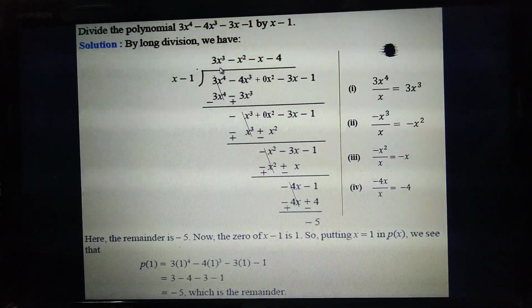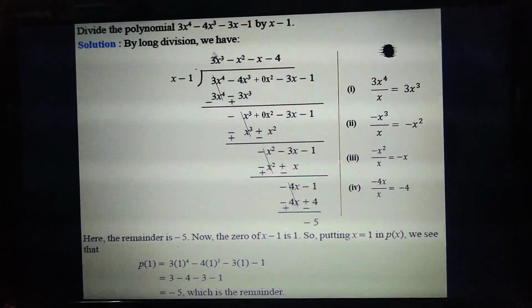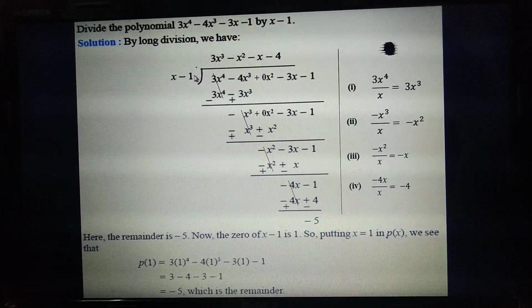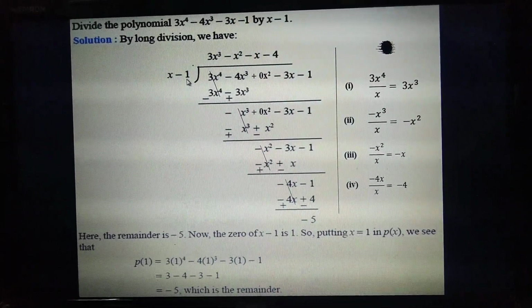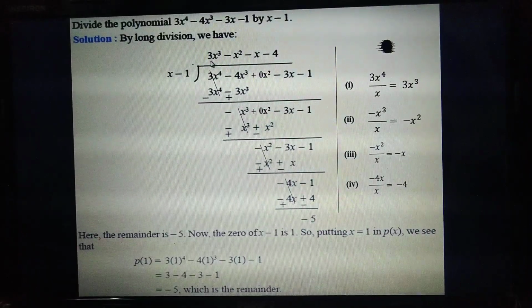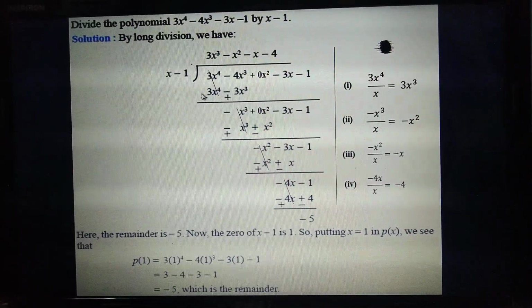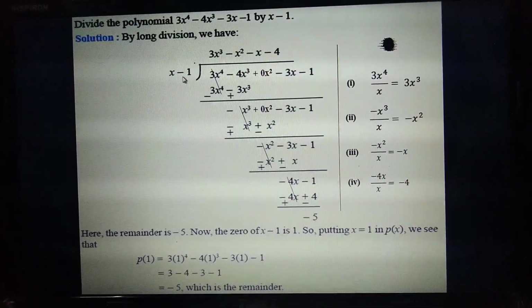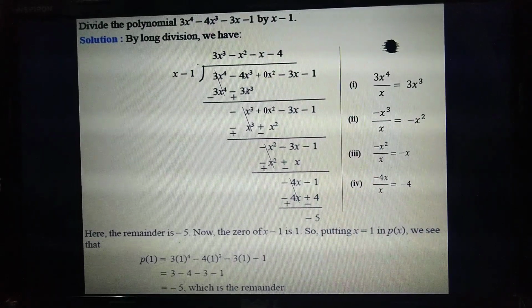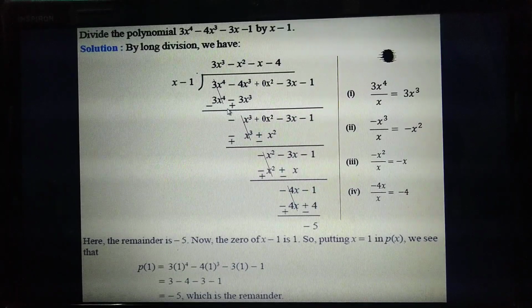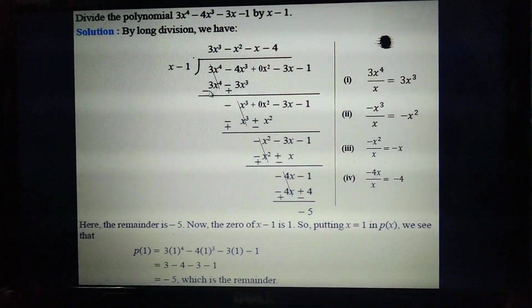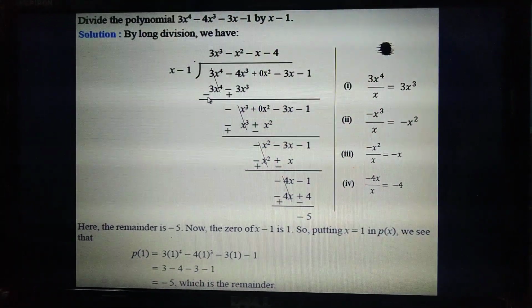So 3x cube. With the 3x cube, we should multiply the divisor, which is x minus 1. So x into 3x cube, 3x power 4, minus 1 into 3x cube, minus 3x cube. So change the sign and add. Here plus is there, changes minus.